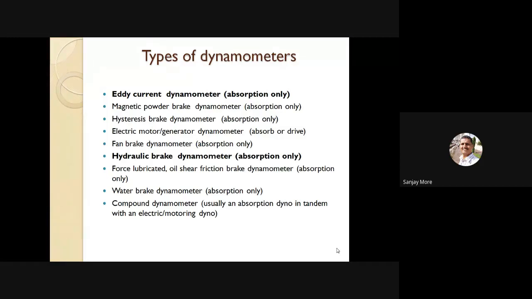And last, compound dynamometer. These are the types of dynamometer; only eddy current dynamometer and hydraulic brake dynamometer are in our syllabus. So focus on only hydraulic brake dynamometer and eddy current dynamometer.